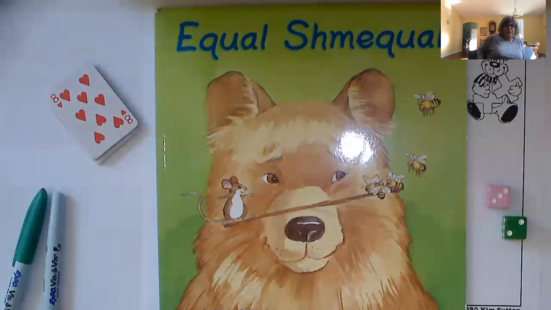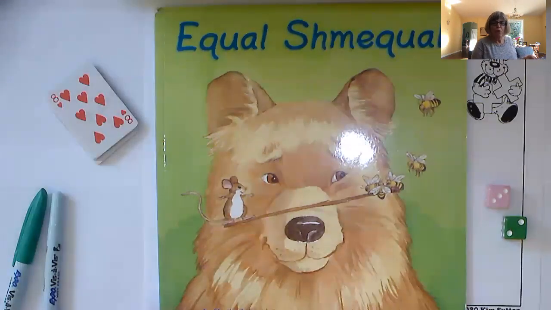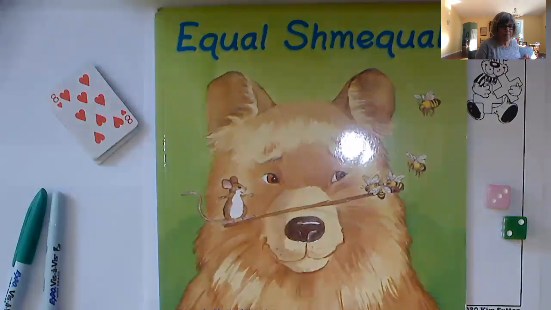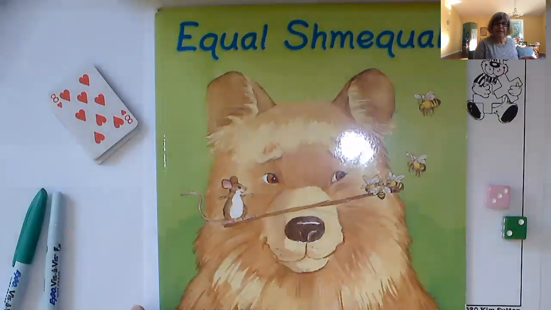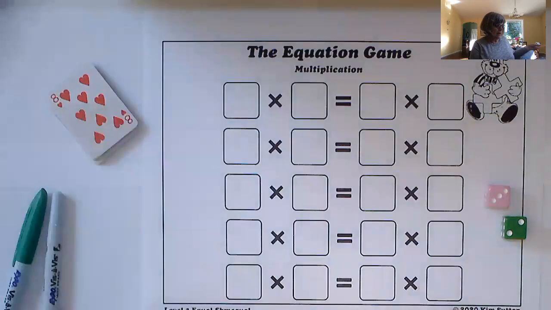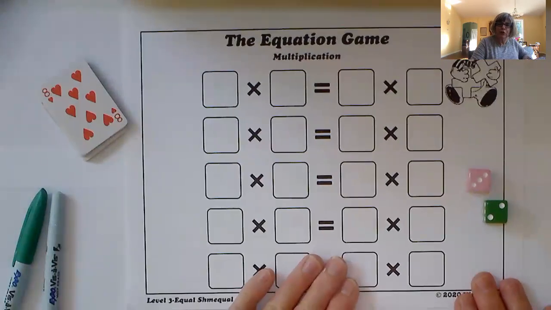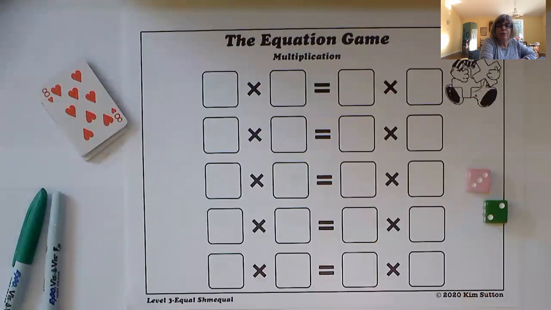We are filming right now the level 3 game that goes with this book. So in my free section on my website, you will see the equation game, and you'll see 3 versions of this game. So you would pick based on the level of your students.